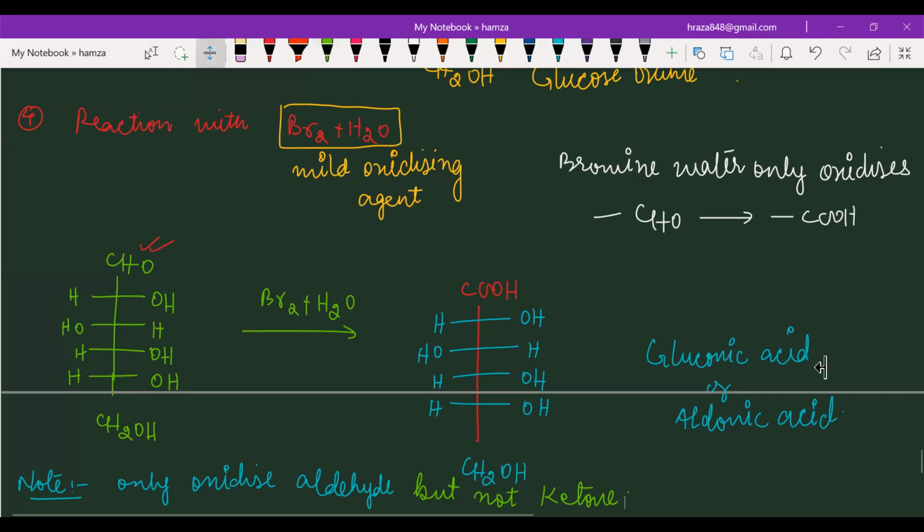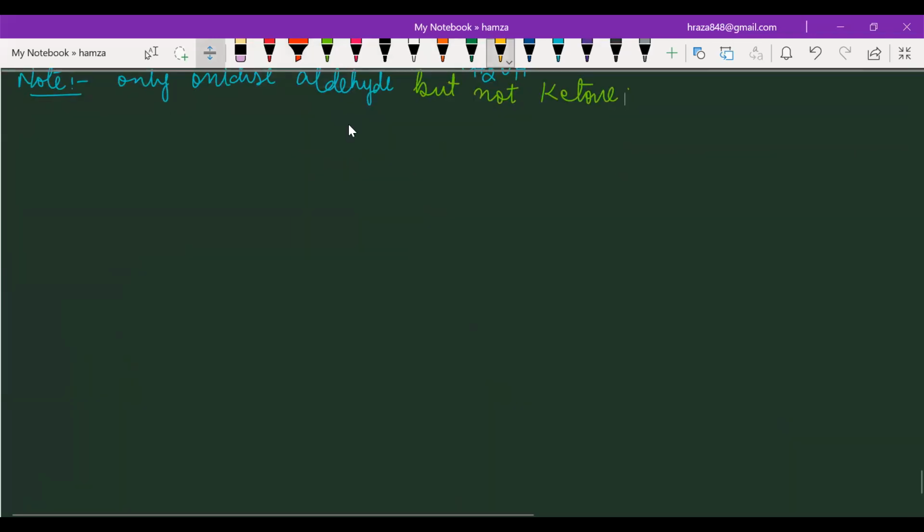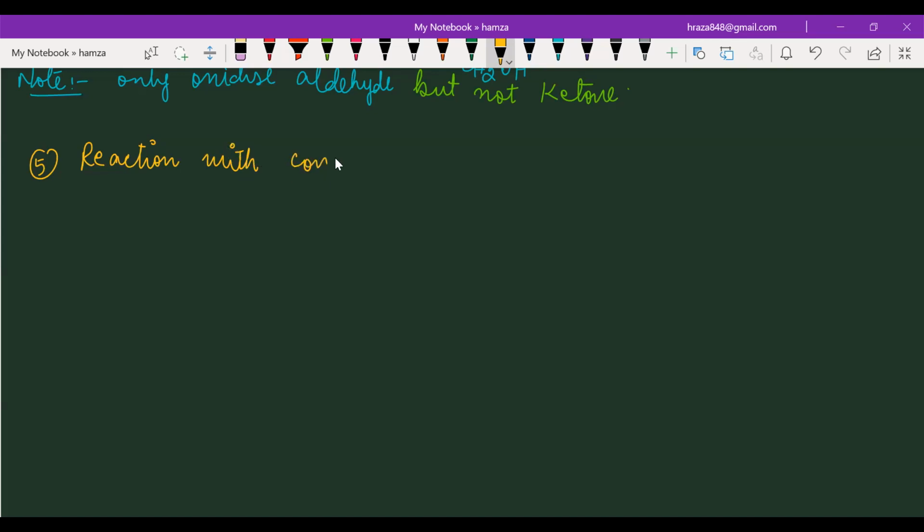So I'm going to slide it down. Now see, we have the next reaction, that is the reaction with concentrated HNO3. The important point is that with HNO3, aldehyde is easily oxidized into carboxylic acid, and CH2OH is also converted into carboxylic acid, but there is a condition.